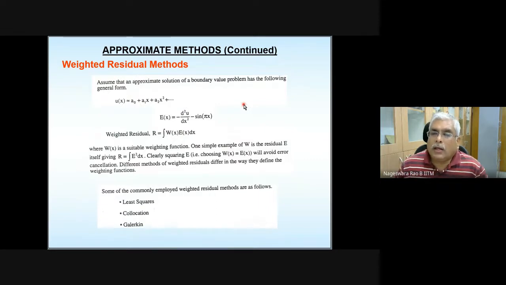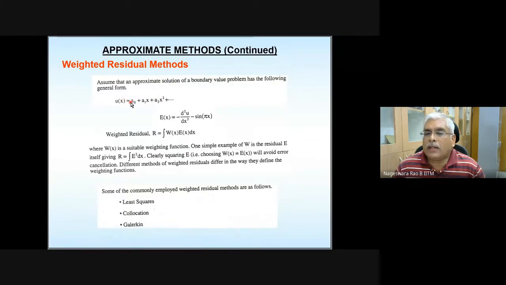Okay? So you start with a polynomial trial solution. This is what is called a trial solution. Trial means we are starting, we are trying with that solution.